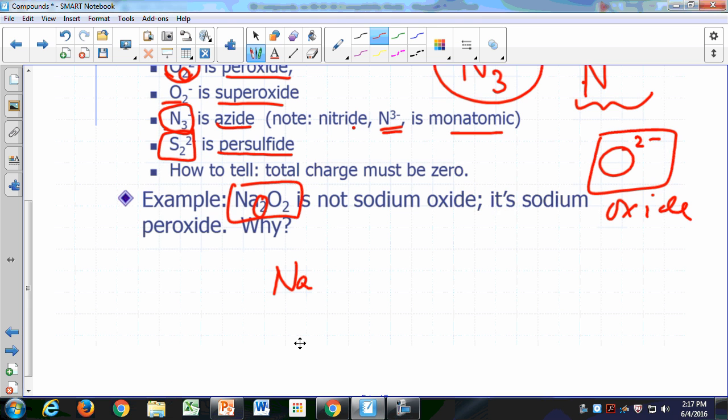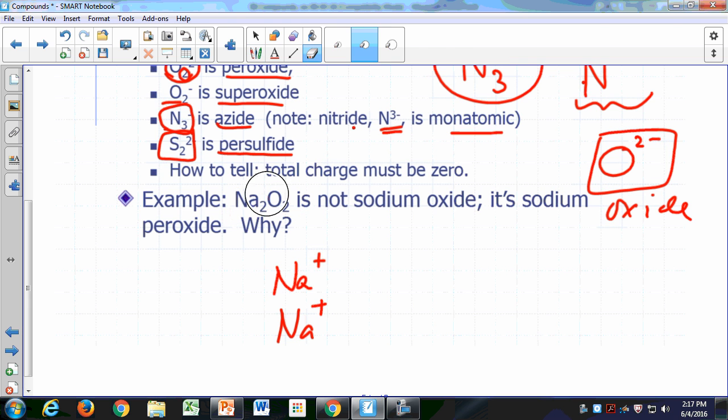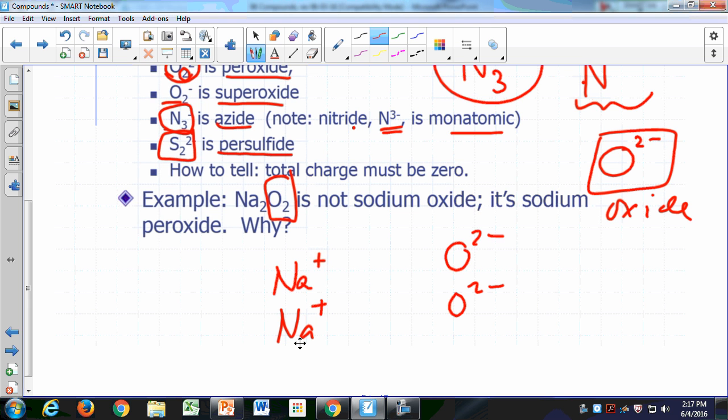You know sodium, group 1A, would have a charge of +1, so 2 +1s in the formula unit. The question is, is that O2 part of the formula 2 oxides, or 1 peroxide, or 1 superoxide?